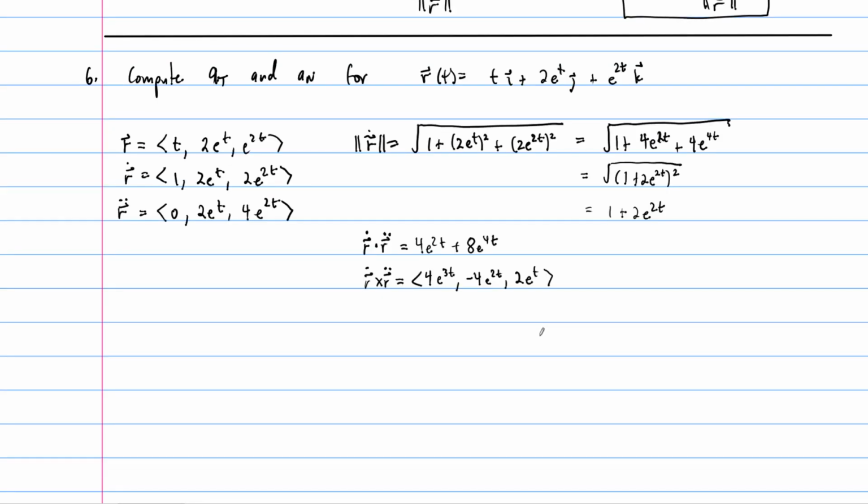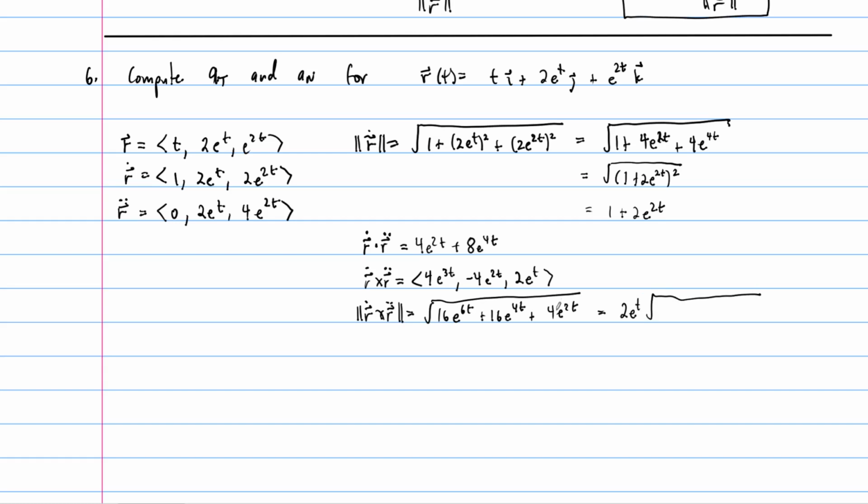And then we need the length of this vector. So the length of the cross product is going to be the square root of 16e to the 6t plus 16e to the 4t plus 4e to the 2t. And so if nothing else here, we can factor out a 4e to the 2t from everything, right? So when that comes out, that's going to be 2e to the t times the square root of what's left.